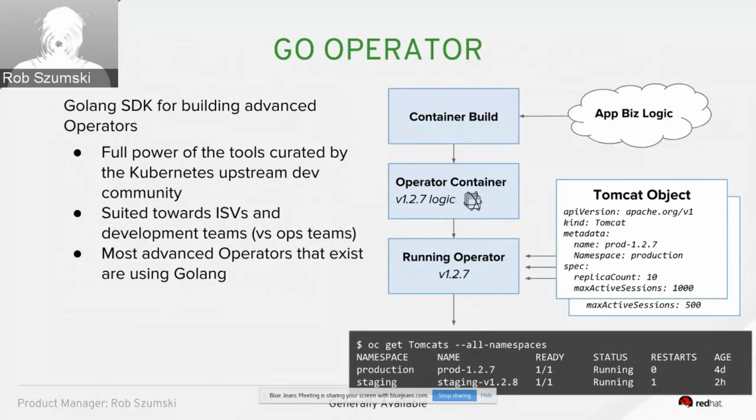It will scale it up, scale it down, change the max active sessions, for example, that you see here, to bake that into the config file, reload the container, whatever it needs to do. And this is really great for ISVs and development teams that have a lot of programming chops. If you are really comfortable writing Go and all the advanced features that you can do inside of Kubernetes and orchestrate that, you're going to be a really good fit for this style of operator. Next.